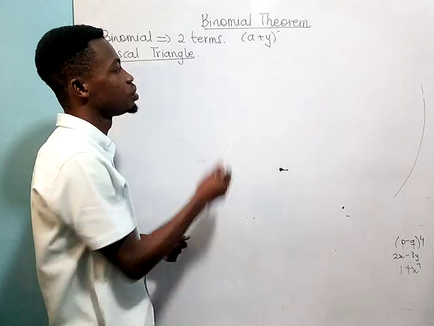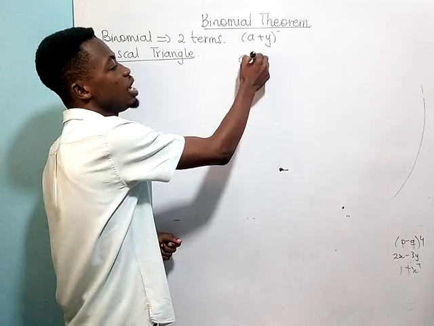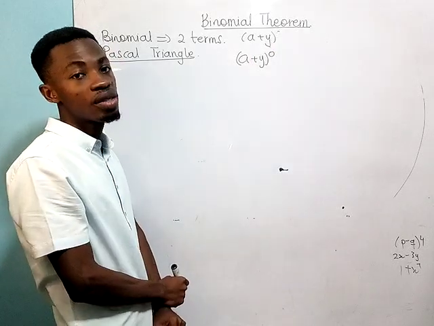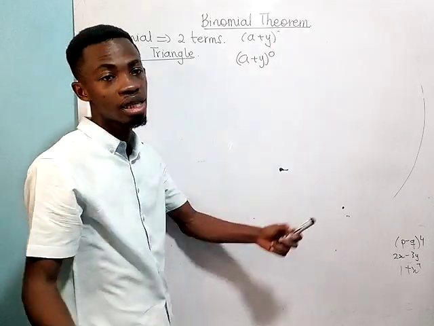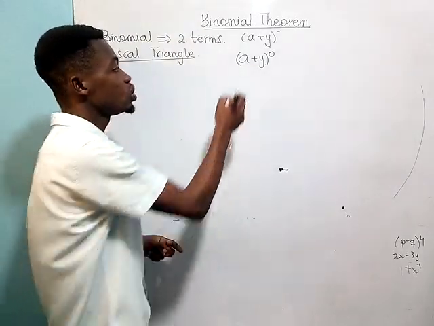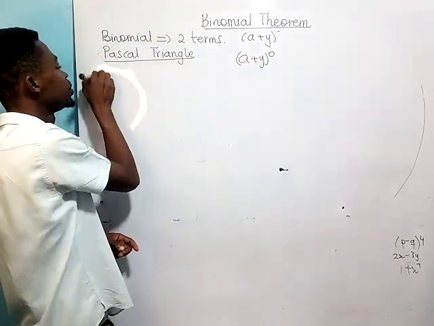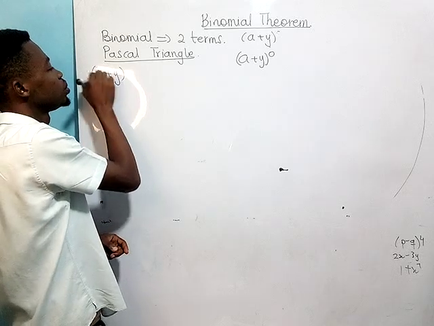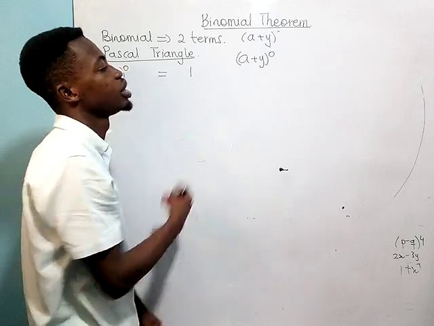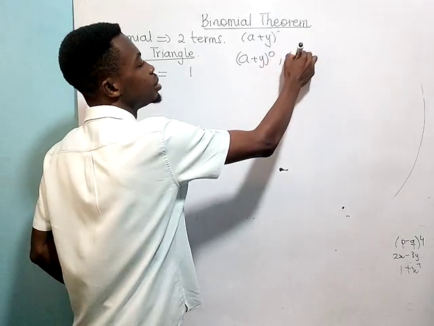So for example, if we have a plus y all to the power 0, we've learned from indices that any number to the power 0 is 1. So a plus y to the power 0 will give us 1. Let's take another one.